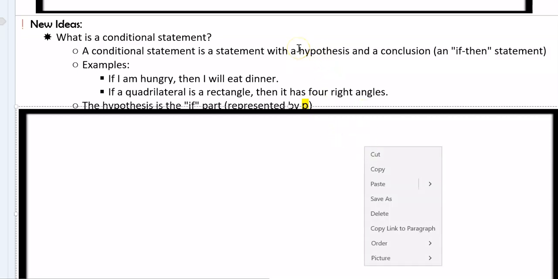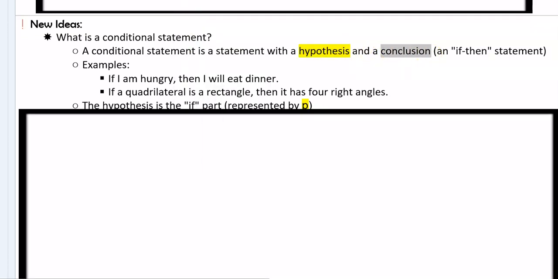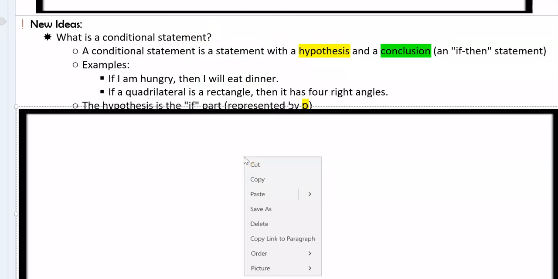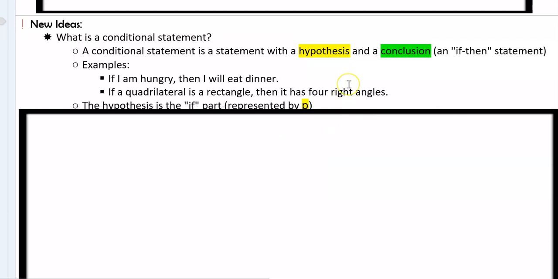So the two key parts of a conditional statement are the hypothesis and the conclusion. The hypothesis is the if part. This might be a little bit different from what you are familiar with the term hypothesis in science, where hypothesis is kind of a guess. In our case, the hypothesis is the antecedent.